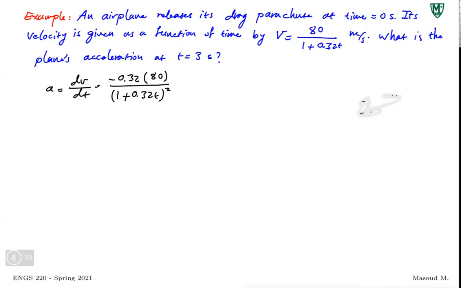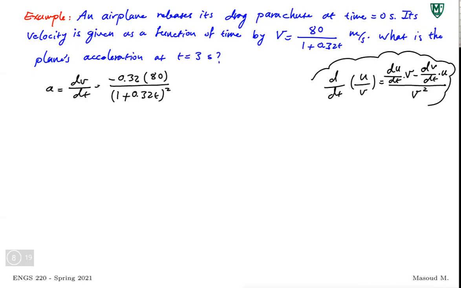So that's d/dt of u over v, which would be du/dt times v minus the derivative of the denominator times the numerator, dv/dt times u, divided by the denominator squared.